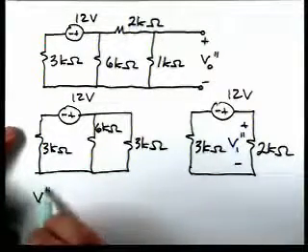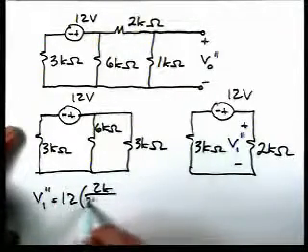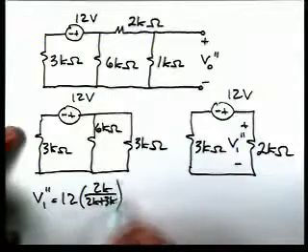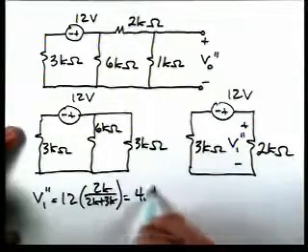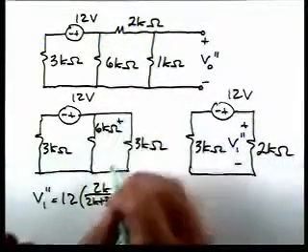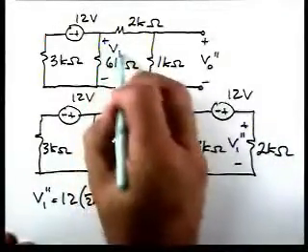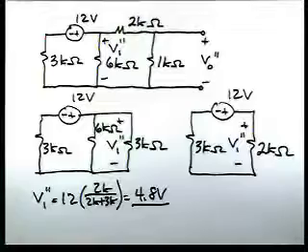So V1 double prime is 12 times 2K over 2K plus 3K, which is 4.8 volts. In this circuit, this is the voltage V1 double prime. This is also the voltage V1 double prime.